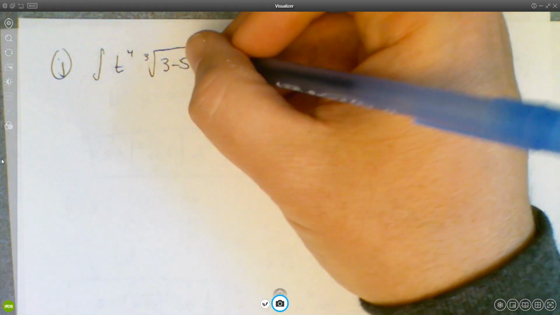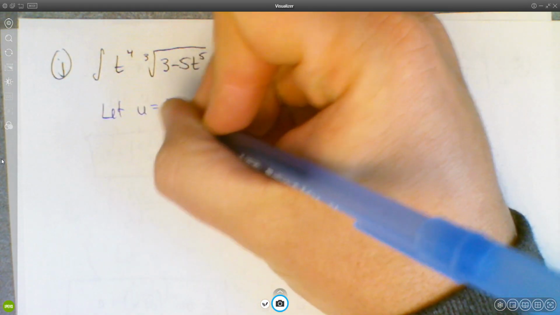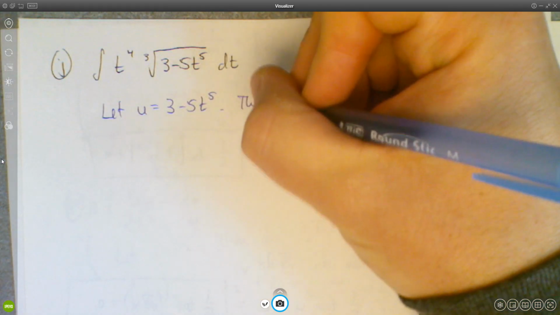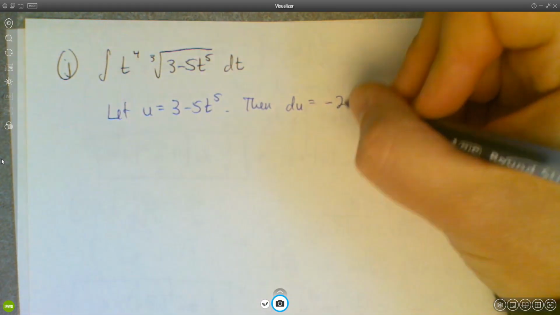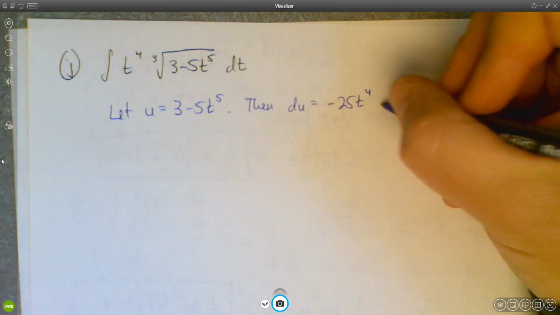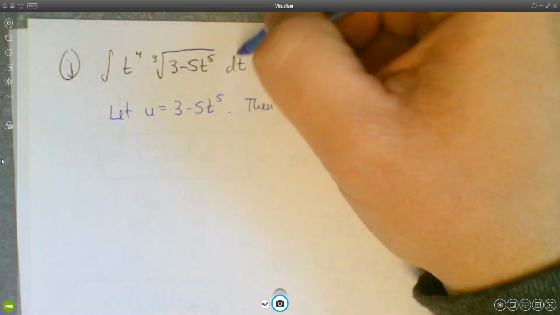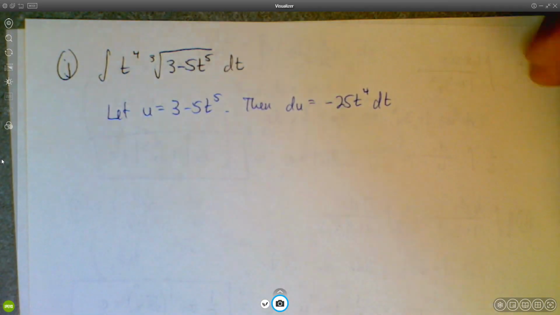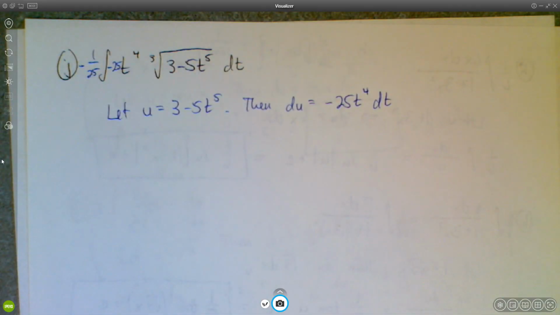So that tells me, let's let this stuff be u. Then du is going to be negative 25t to the 4th power dt. So I've got a t to the 4th power dt. I don't have a negative 25, but I can put one there, as long as I put a negative 1/25 out there to offset it.